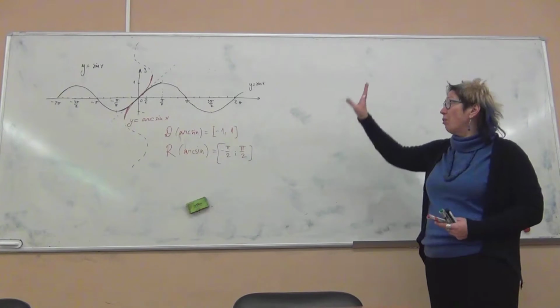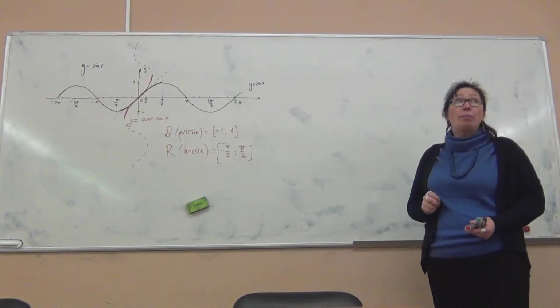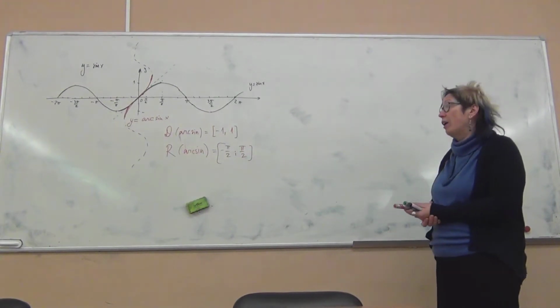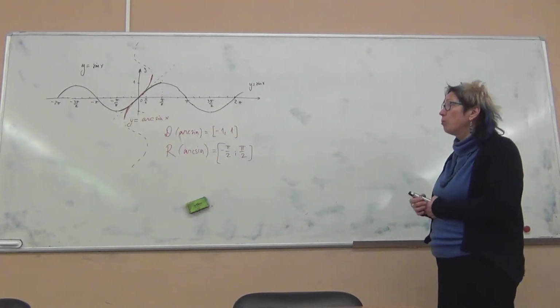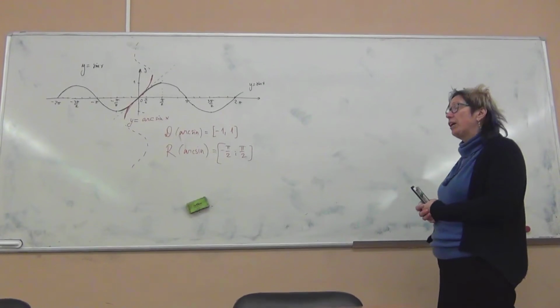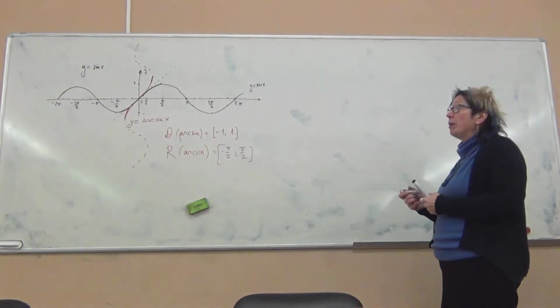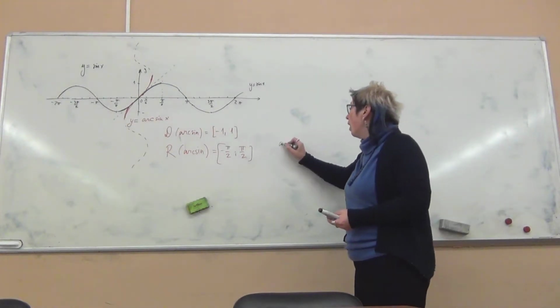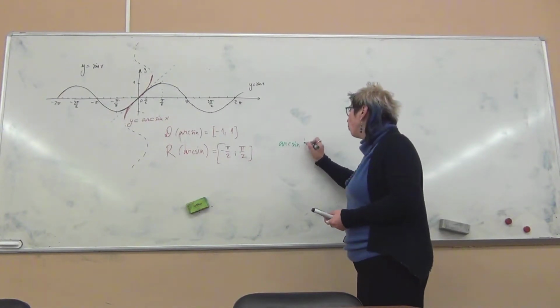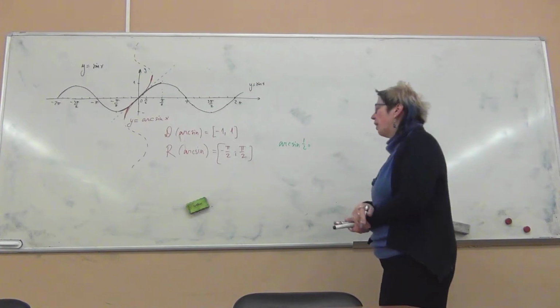We had to cut off the rest of the sine graph, because otherwise we cannot have the inverse function. And that's how we obtain the graph of the arcsine function. Some examples for the arcsine function would be, for example, arcsine of 1/2. What do you think?